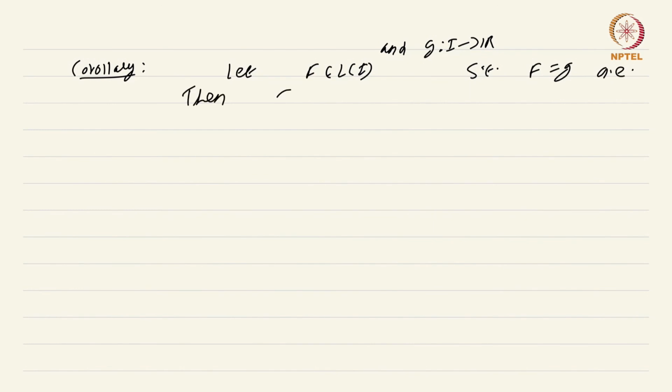Then g is Lebesgue integrable and the integral over I of g is the integral over I of f. So if you perturb a Lebesgue integrable function on a set of measure 0, you are still going to land up with a function that's Lebesgue integrable, and moreover both functions are going to have the same integral as expected.